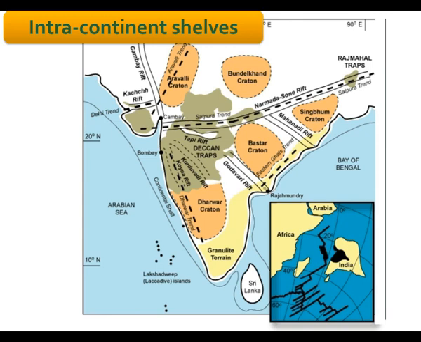So these all belong to the craton, which is based on granulite stones, rocks. Dharwar, again the Dharwar craton, where you will find the Bellary mining zone, and Bastar, especially the Singhbhum, the Tata Steel Industries, Jamshedpur, all the mining zones occur.